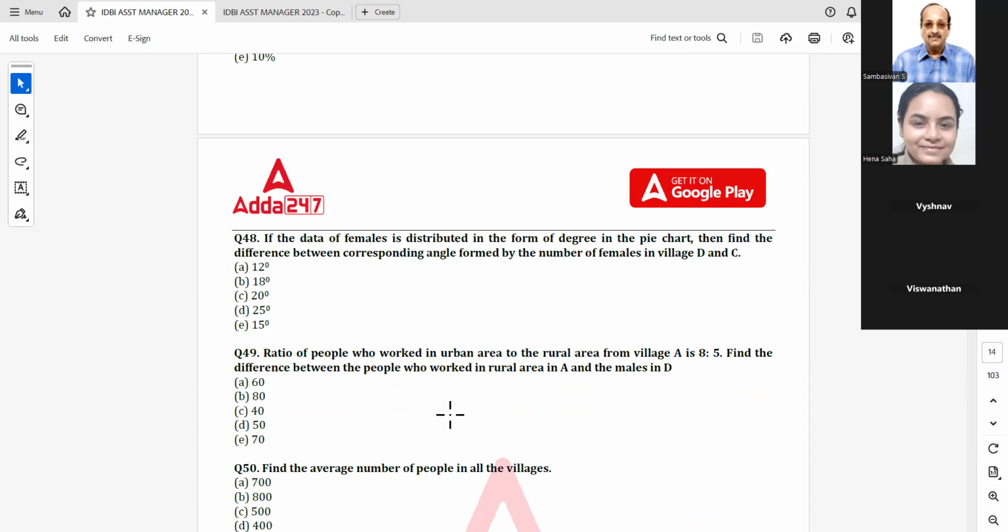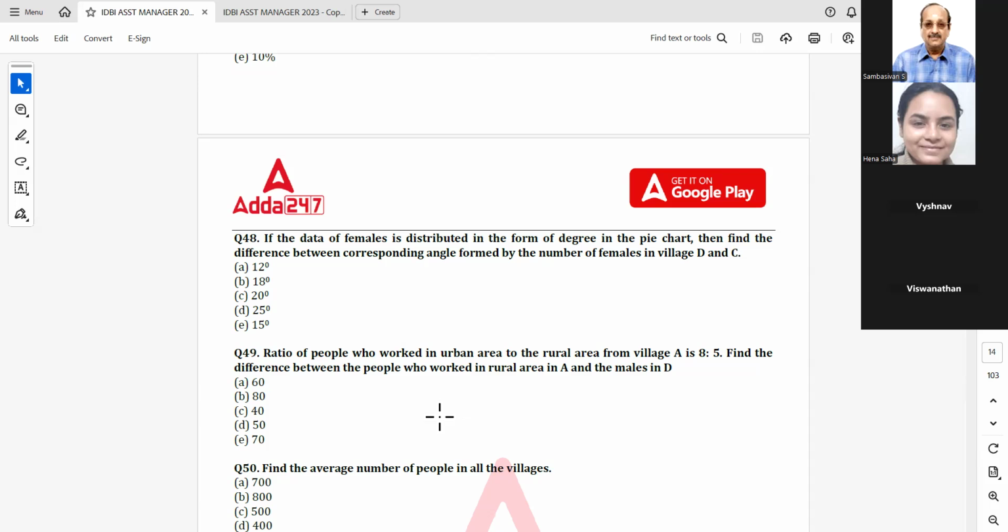Find the difference between the people who walked in rural area in A and the males in D. Option A 60, B 80, C 40, D 50, E 70. The ratio of people who worked in urban area to rural area in village D is 8:3. What is the total population of village A?